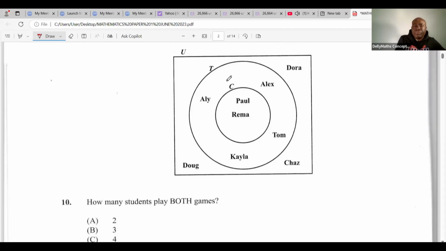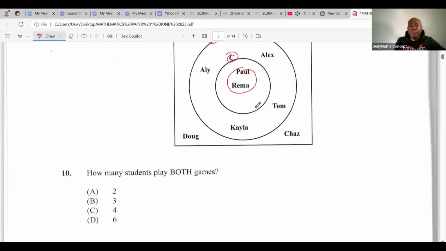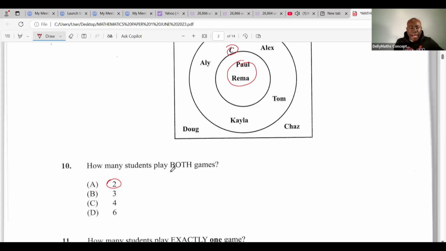Now, the fact that chess is a subset of tennis, the moment you're in chess, you're automatically a tennis player that plays chess. So in that case, we have Paul and Rema, and so that would have been a total of 2. So we have 2 persons that play both games right there.